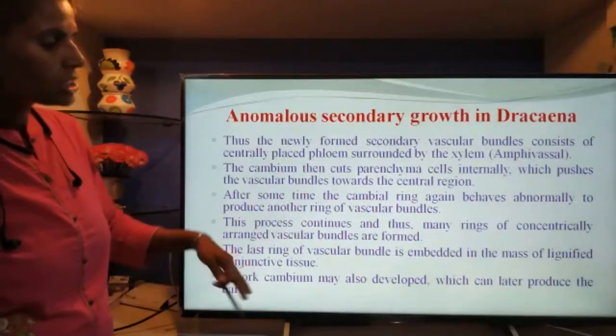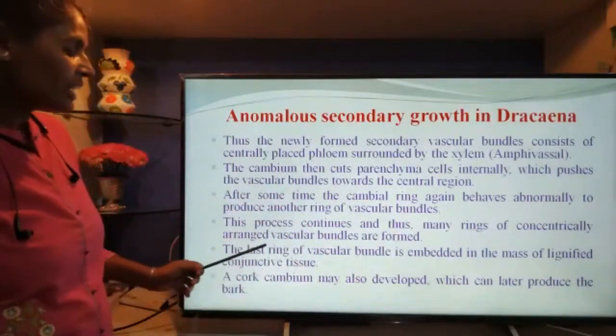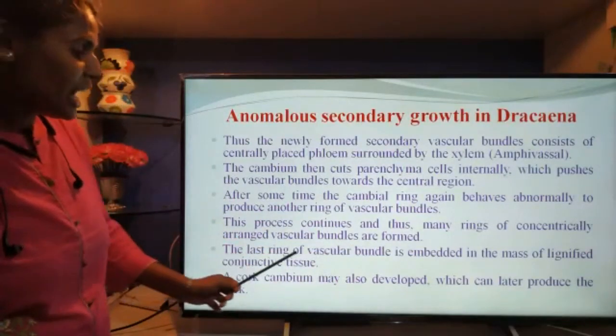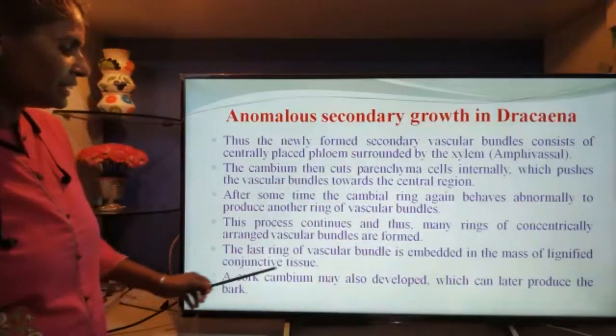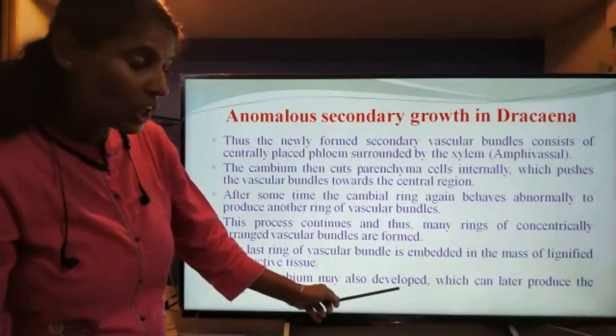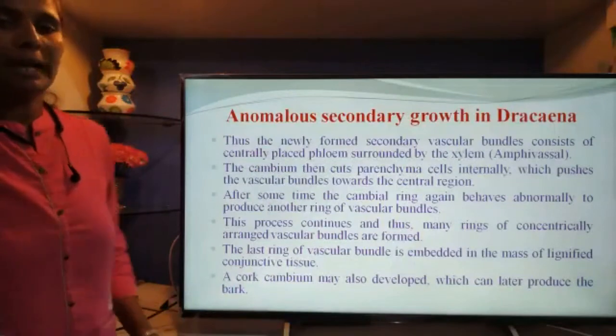This process continues, and thus many concentric rings are arranged one after the other. The last ring of vascular bundles is embedded in the mass of lignified conjunctive tissue. A cork cambium may also develop in the cortex region, which can later produce the bark of the plant.